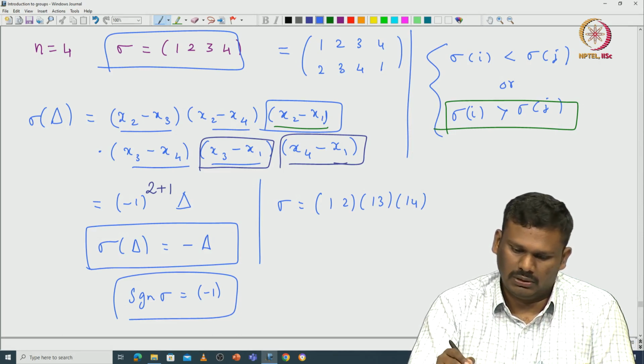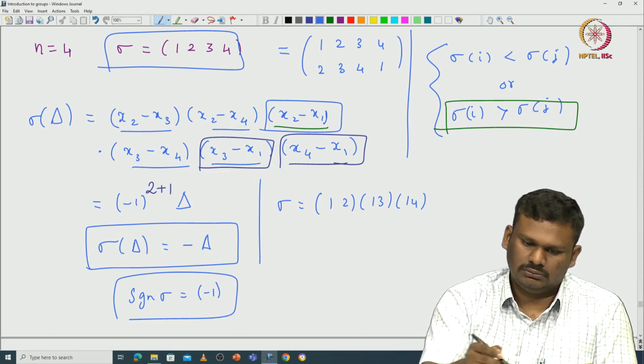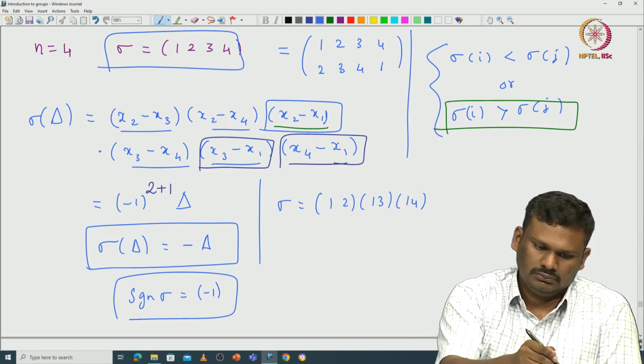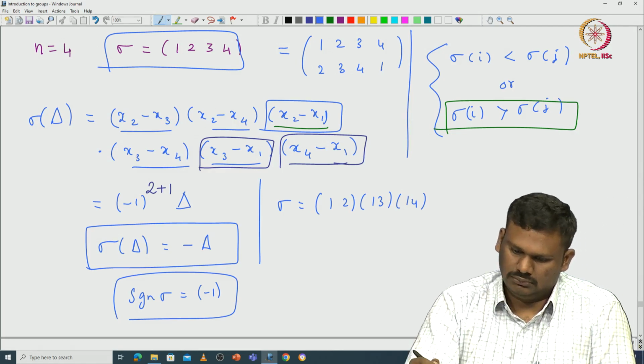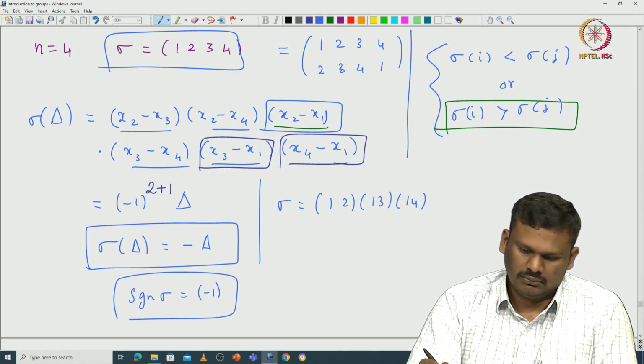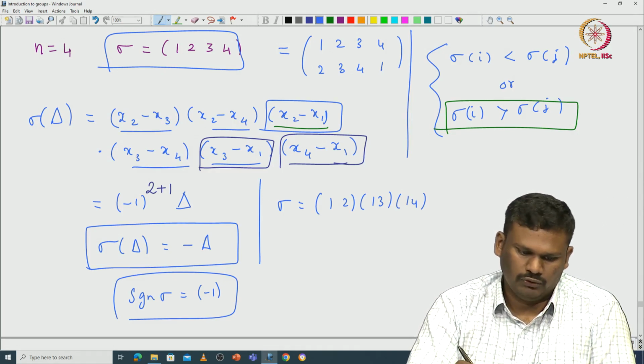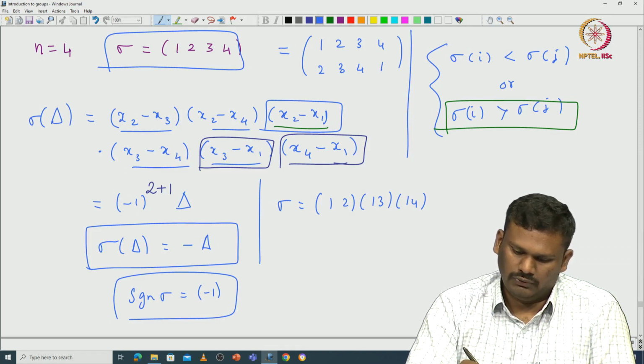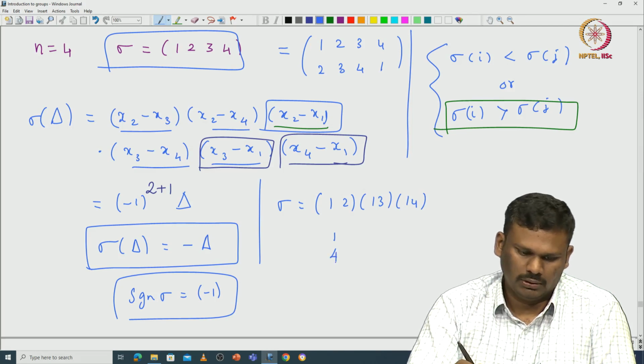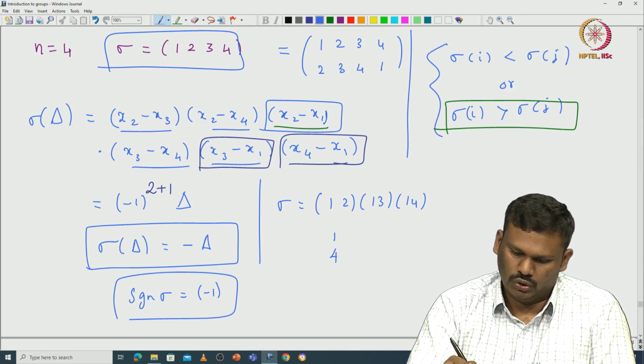Maybe what I wrote is not correct. So 1 2, 1 3: 1 goes to 4, 4 goes to 4. So this is indeed 1 goes to 4, but we need 1 goes to 2.